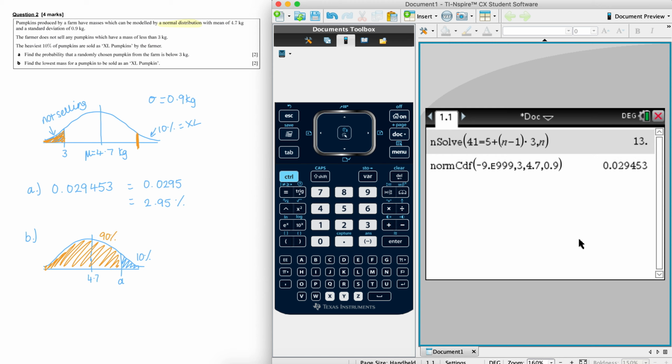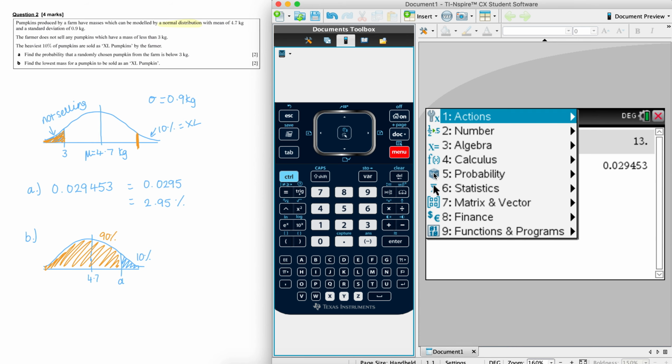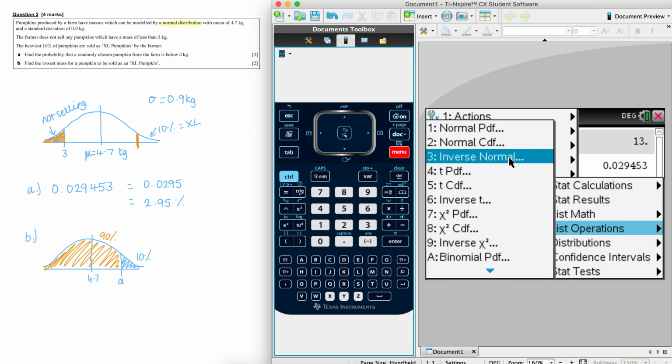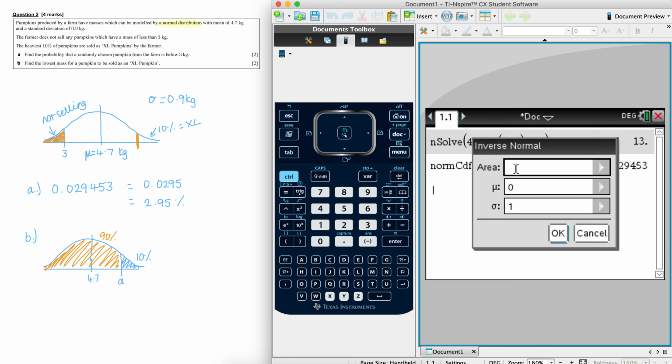Okay, so the region on the other side is 90%, and that's really important to remember because when I'm doing an inverse normal question, I have to use the area to the left. So this time, menu, statistics, distributions, and I'm going to do an inverse normal, and the area is 0.9 because it's the area to the left. The mean is the 4.7, the standard deviation is the 0.9.